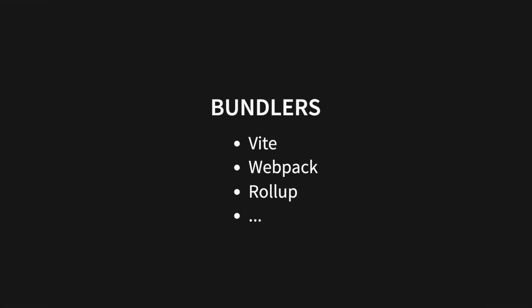Rollup is optimized for generating smaller and faster bundles, making it a good choice for libraries. The choice of bundler often comes down to the specific needs of a project and the developer's preferences. So a developer who values simplicity and speed and is not afraid of trying new things might choose Vite, while a developer who needs to handle a large and complex project may prefer Webpack.